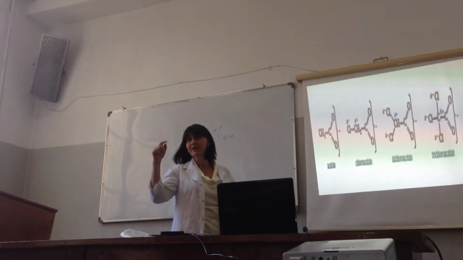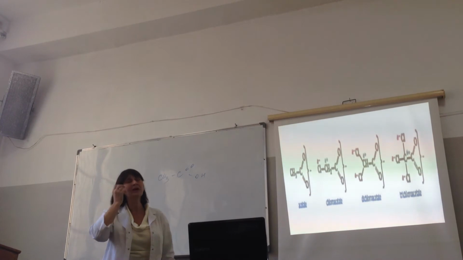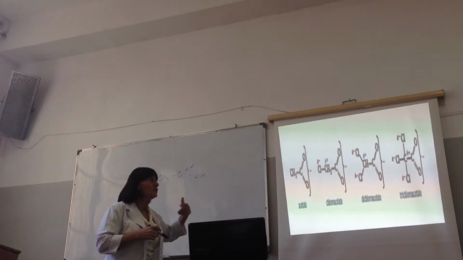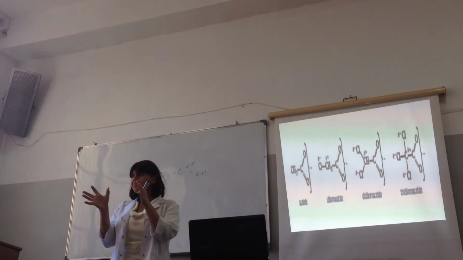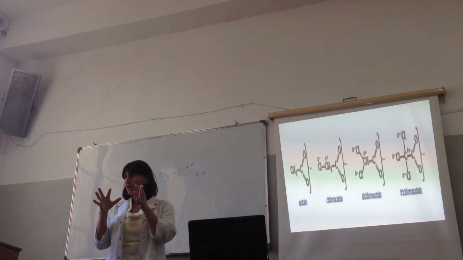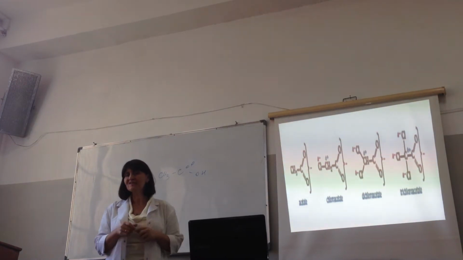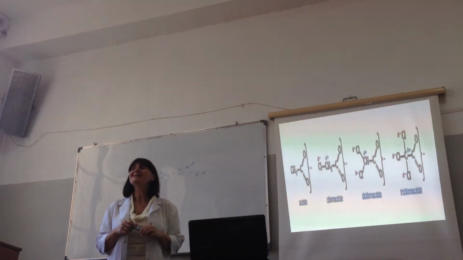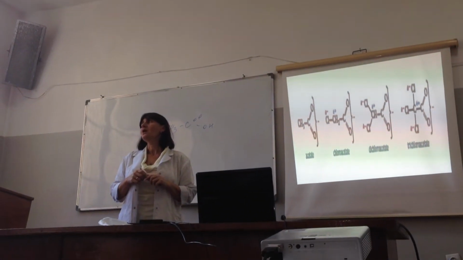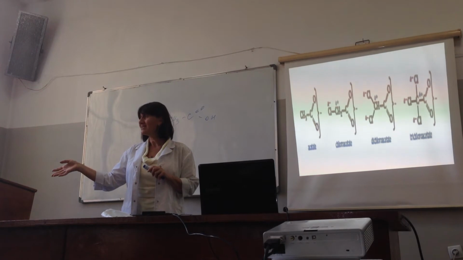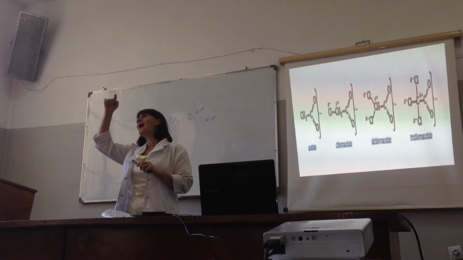Now what about the strength itself of carboxylic acids? If you increase the number of electron withdrawing groups in the radical, in the organic main part of your carboxylic acid, you increase the acidity of your carboxylic acid. For example, take acetic acid with its Ka equal to 10 to the power of minus 6.